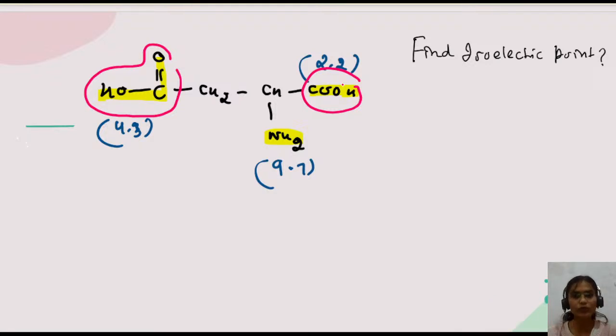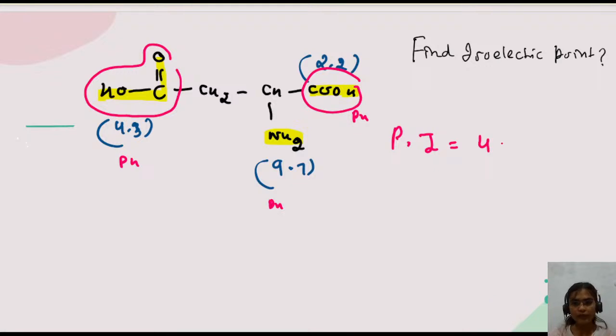Okay, how to solve the question? First of all, observe the number of NH2 groups or COOH groups. If COOH is maximum, we have to consider only COOH. So in this case, 2 COOH. So the COOH part we are going to cover. So how to calculate the isoelectric point? In this case, these are pKa values.